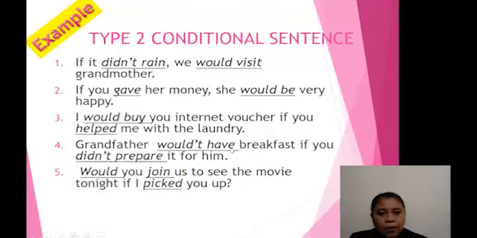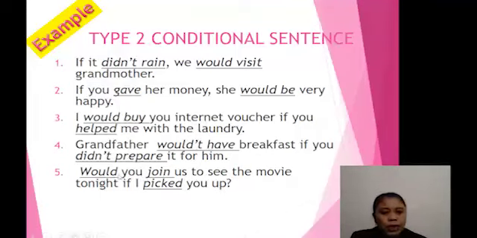Wouldn't plus have or verb 1, and then didn't plus verb 1. The last example, the question form, we put would. Would you join us to see the movie tonight if I picked you up?